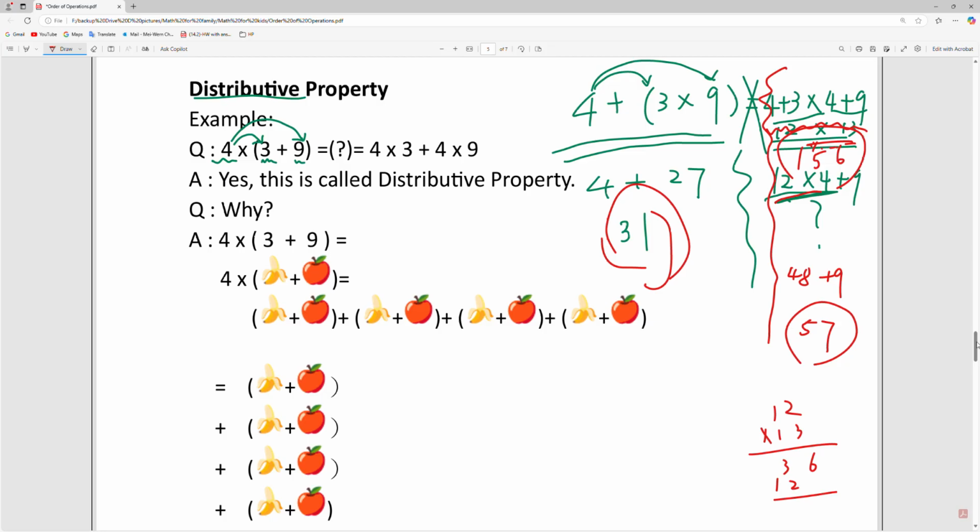Again, it works only when the multiplication sign is outside the parentheses. Then you can say, teacher, it's so easy. 4 times 12 is 48. Why bother to distribute? Yes, if you have all real numbers inside or outside the parentheses, then inside the parentheses is 3 plus 9.